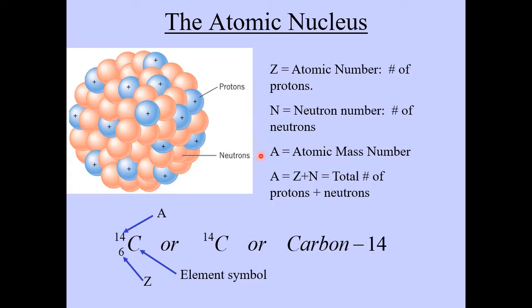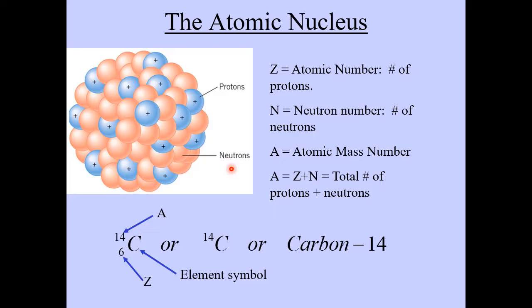There is also something called the atomic mass number, A, which is just Z plus N. So A is the total number of protons and neutrons, which are sometimes called nucleons, which just means a particle that's in the nucleus. And since there are only two particles, protons and neutrons are sometimes called nucleons.